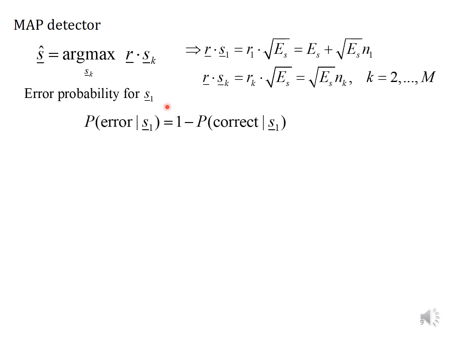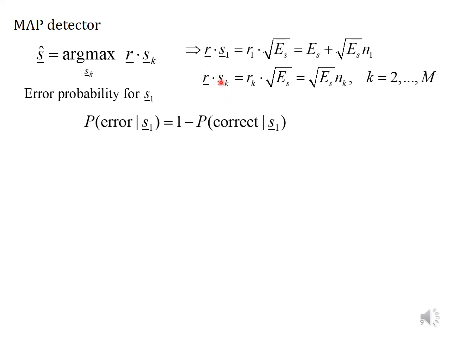The error probability for S1 transmitted covers many error cases. This is the first correlation, and there are the other correlations from k from 2 to m.